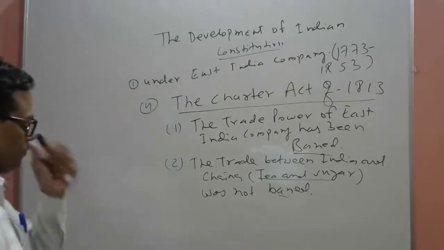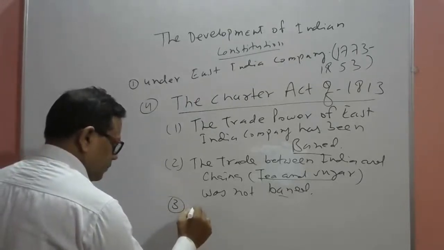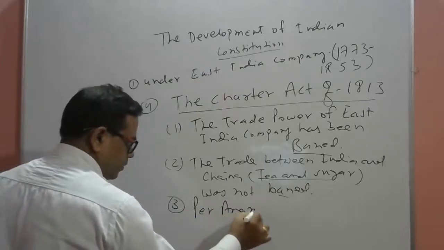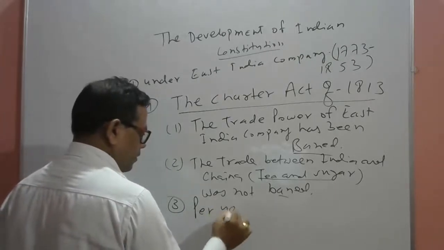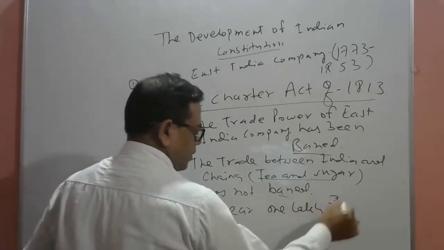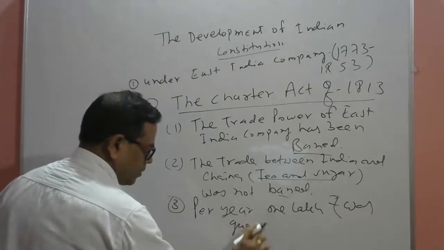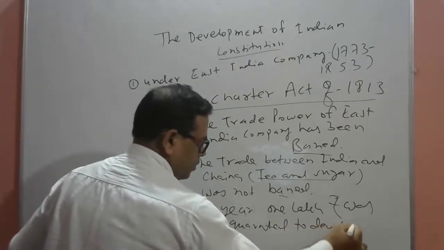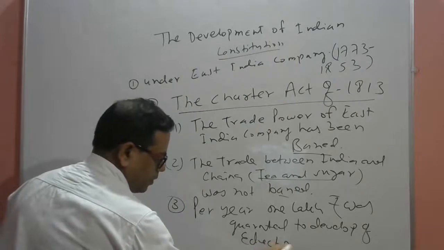Okay, and third is per annum, and if you don't see annum, write it, per year 1 lakh rupees was granted to develop education.